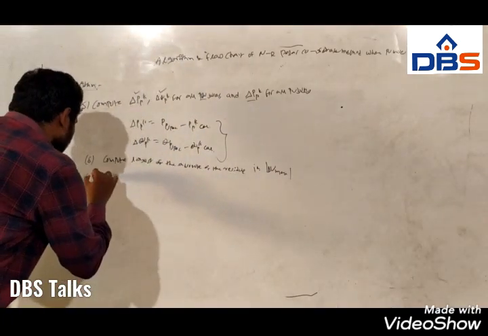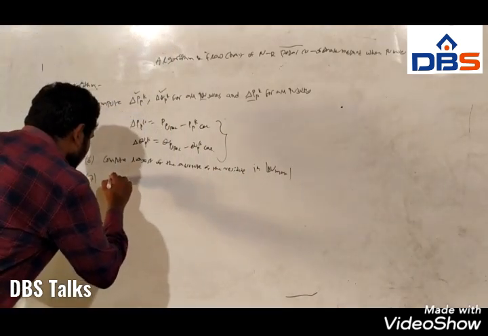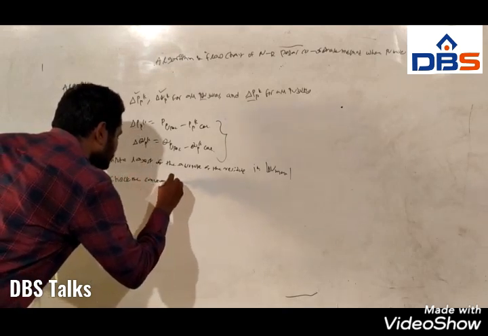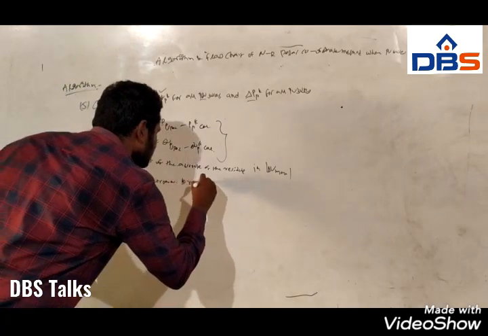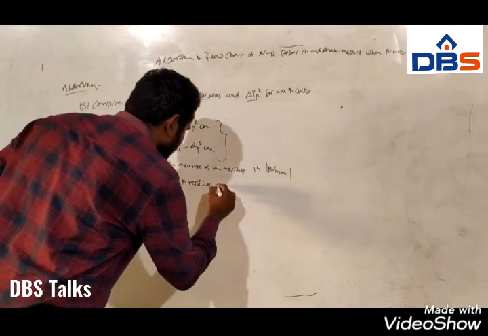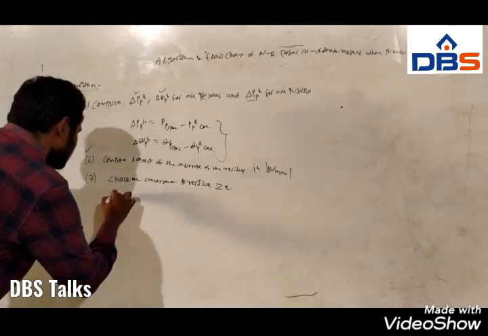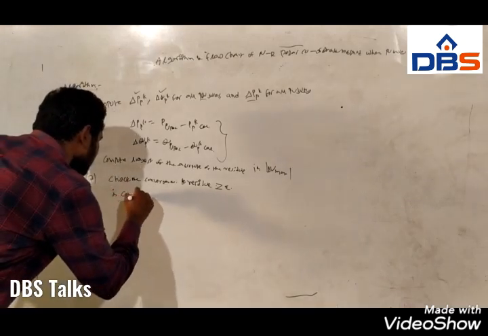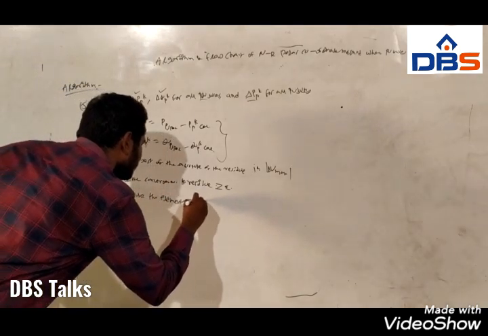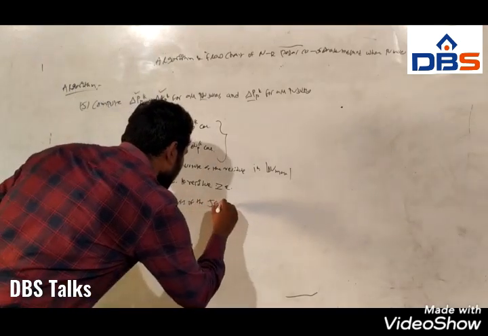Coming to the seventh step, we have to check the convergence. In the previous step we got the residue value. If the residue value is greater than or equal to epsilon, we have to carry out three more steps. The first one is to compute the elements of the Jacobian matrix.